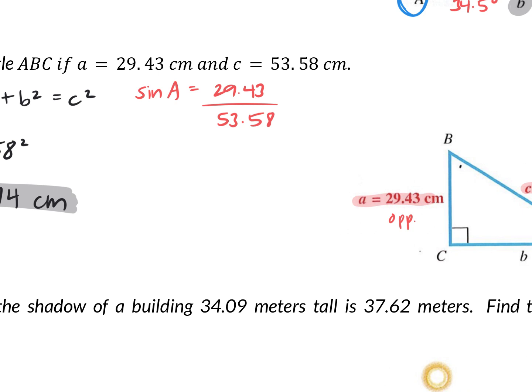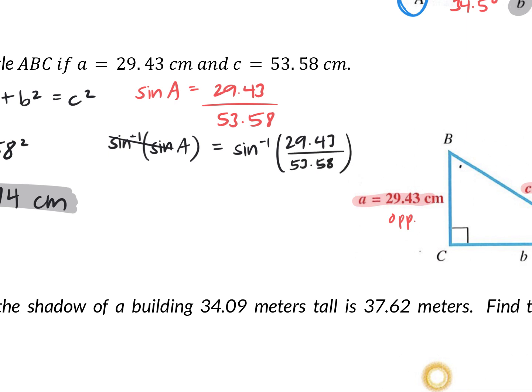So I'm going to take the sine inverse, technically of both sides, for those to go away. And if you plug that into your calculator, that's going to give you an angle measure, okay? So the measurement of angle A is going to be approximately 33.317 degrees.